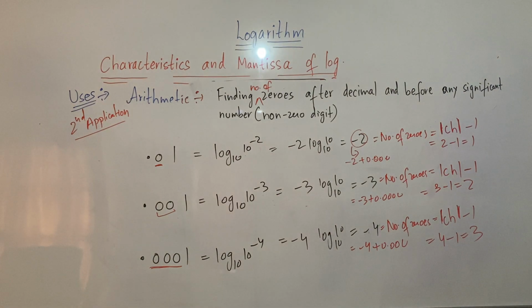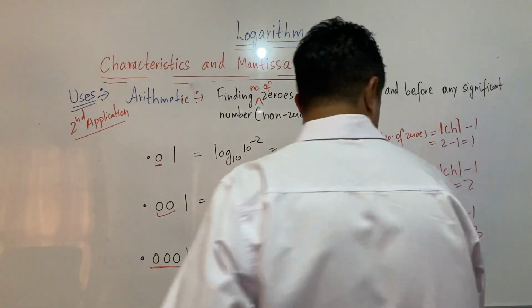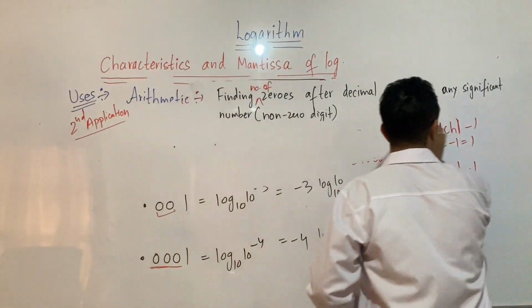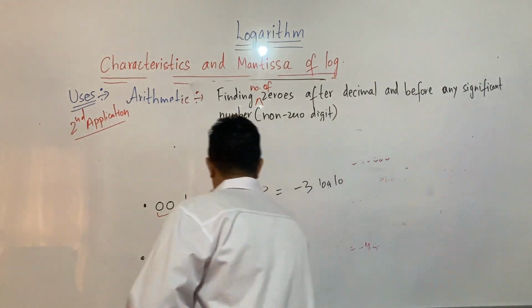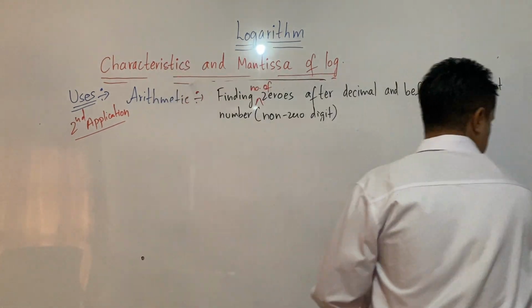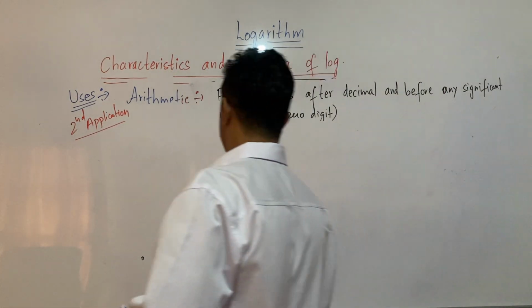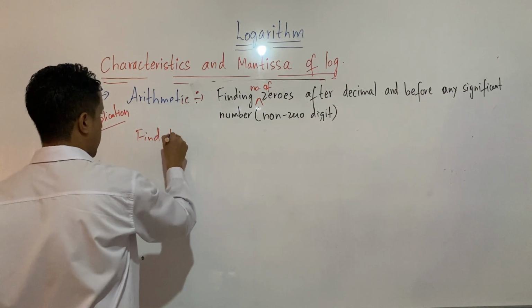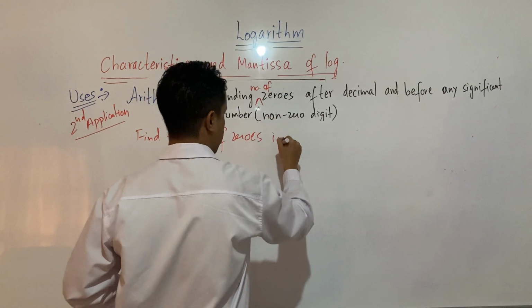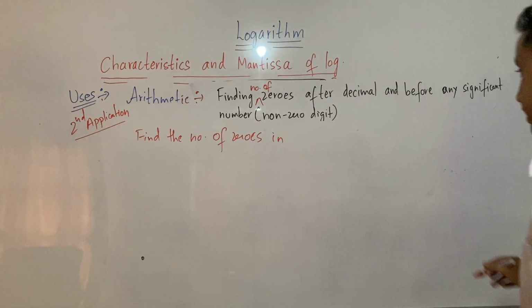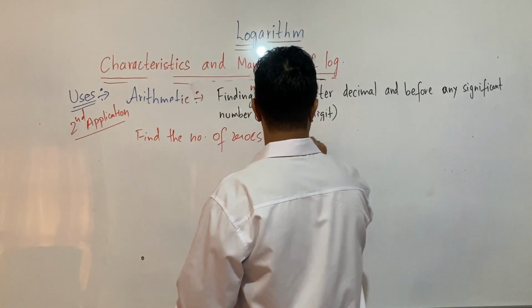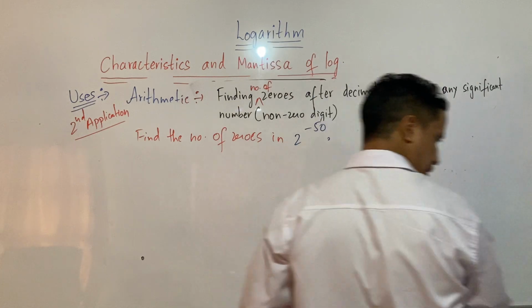Okay, now we can take one example which can bring more clarity. We have to find the number of zeros in 2 raised to the exponent minus 50, right?